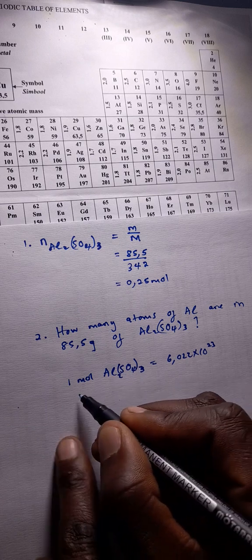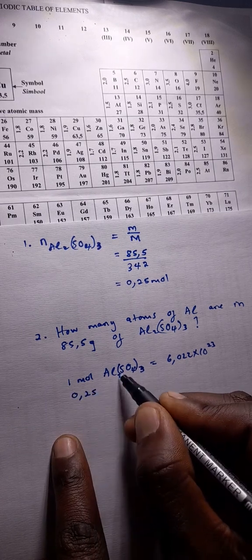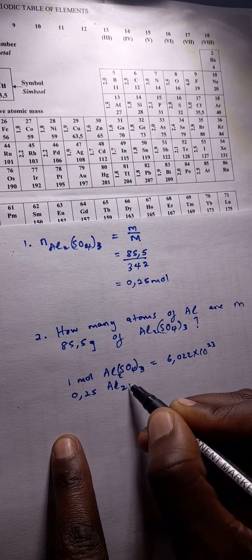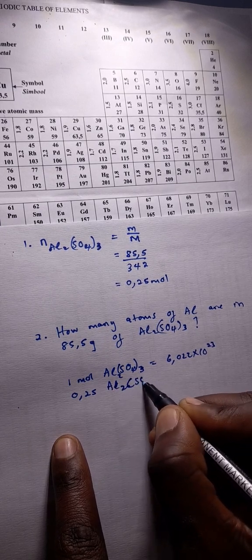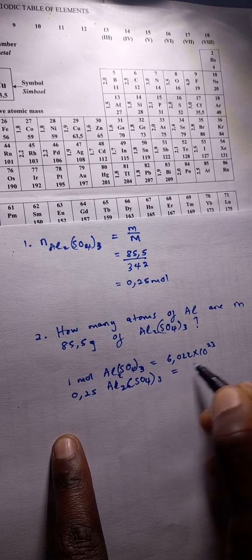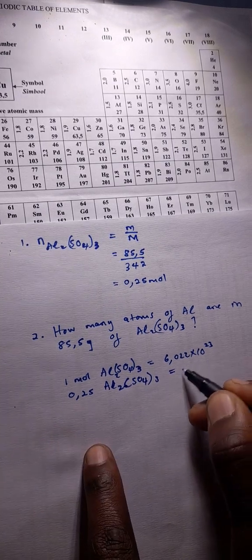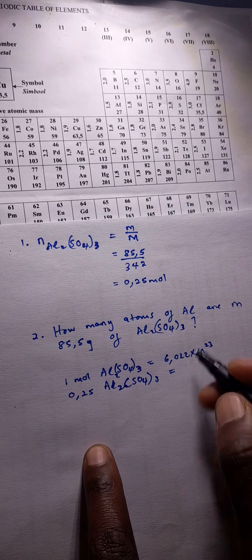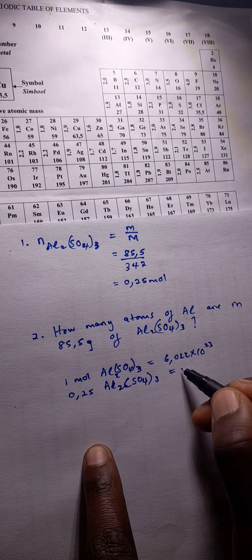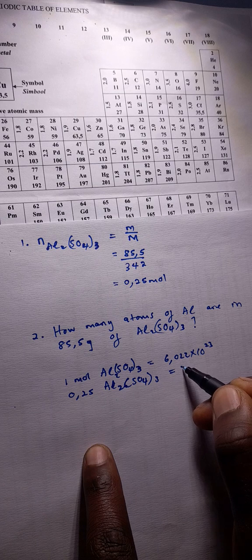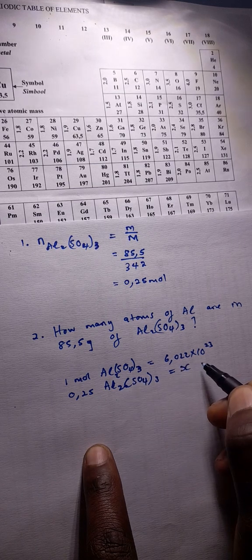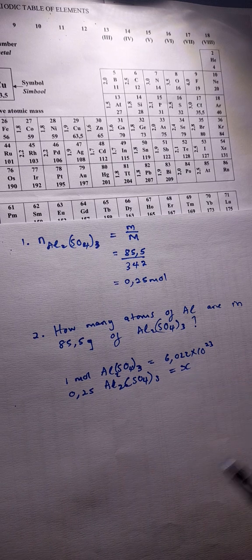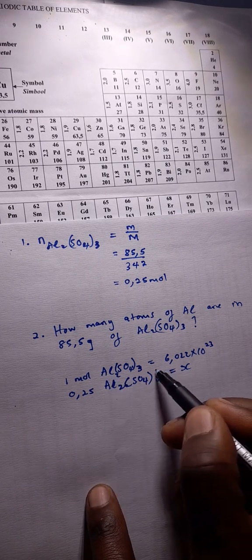We are having 0.25 of aluminium sulfate. How many molecules, or ions, will that give us? It will give us 6.022 times 10 to the 23 for 1 mole, and this one will be x. So we are going to cross multiply.